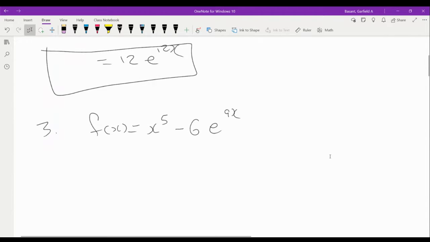All right, so let's do this. f prime of x is equal to 5x to the fourth. Same old rules we have looked at for a few weeks now. Minus 6 times e to the 9x times 9.